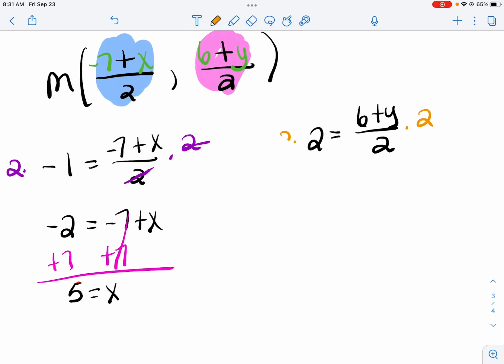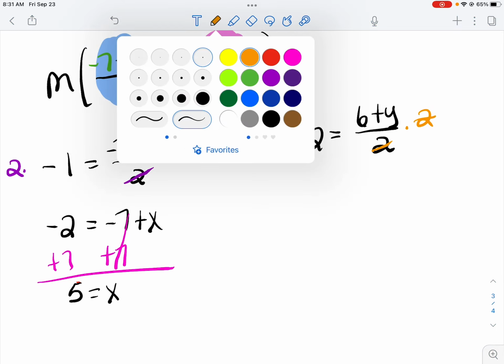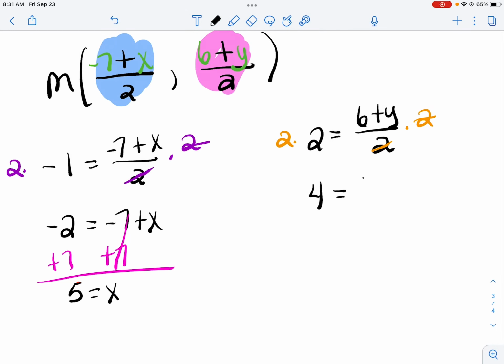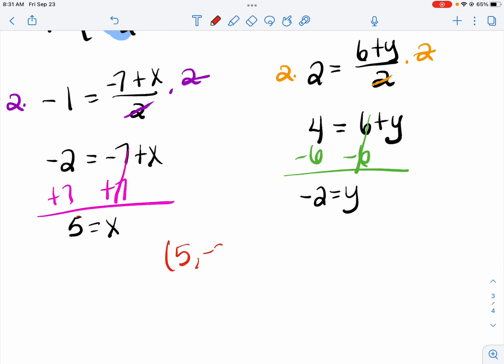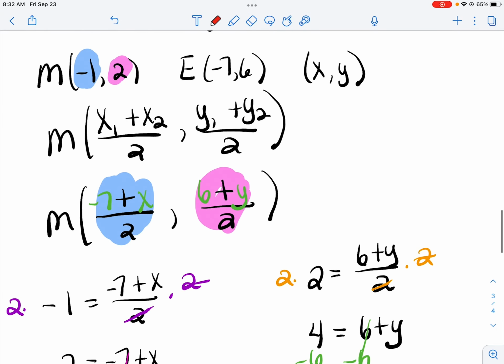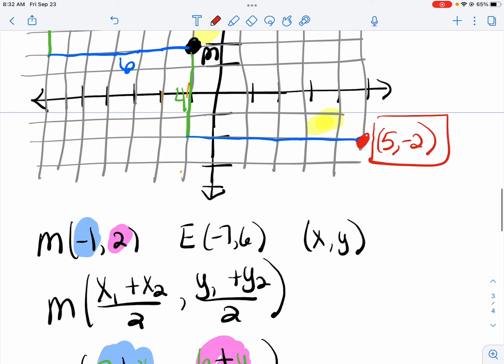Multiply both sides by 2 to get rid of that fraction. We get 4 on the left side, and then subtract 6 from both sides to get that y by itself. And we get that y is -2. And so the coordinates of the point then would be 5, -2. Those are the same coordinates that we got up here.